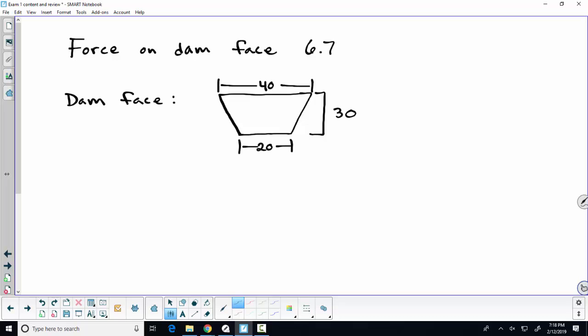Alright, so the dam face is shaped like a trapezoid. Here's the picture. The question is just what's the total force?